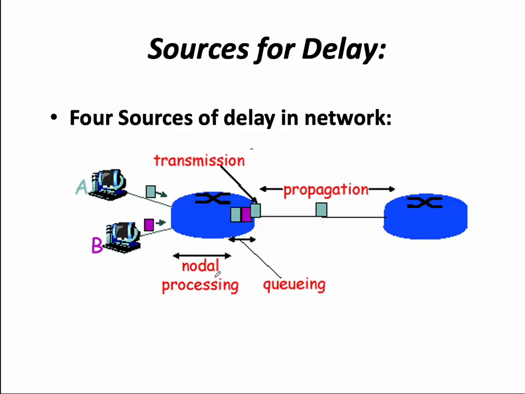And there are four sources of delay in the network, right? Of course, take a real-time example: when you are traveling from point A to point B, there is some traffic. So what are the delays when you are traveling and using the GPS? Traffic, right? In some areas we'll see a more congested network.